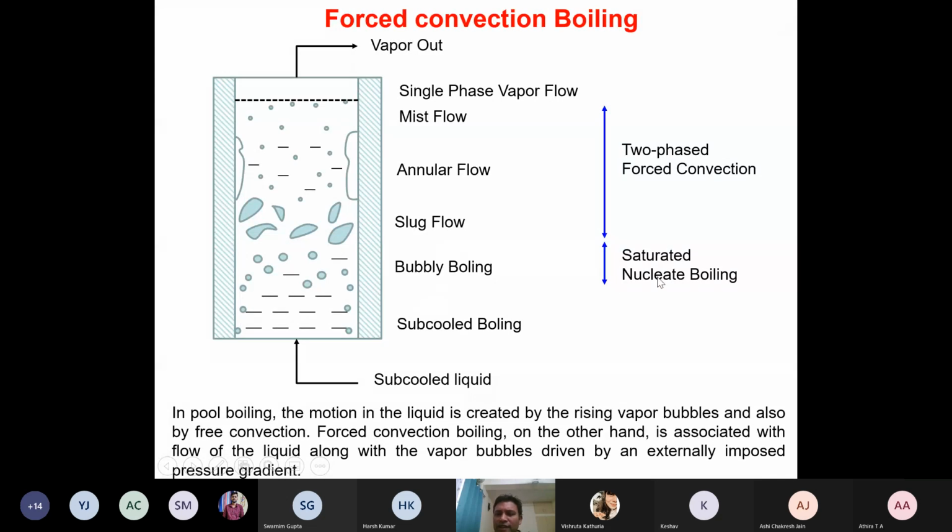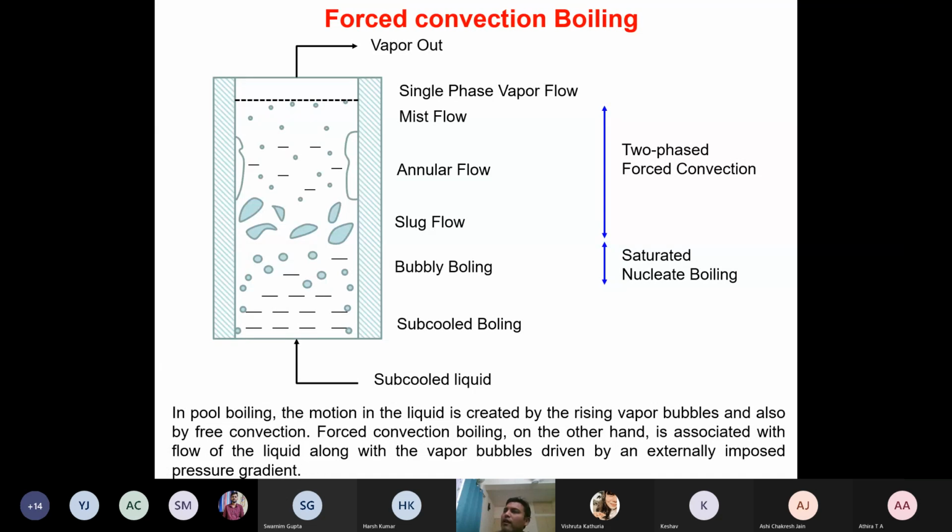Beyond this there is saturated nucleate boiling taking place in the liquid, and beyond this there is a two-phase forced convection. So from this point onward there is a two-phase flow. So this is just an example of the forced convection boiling.